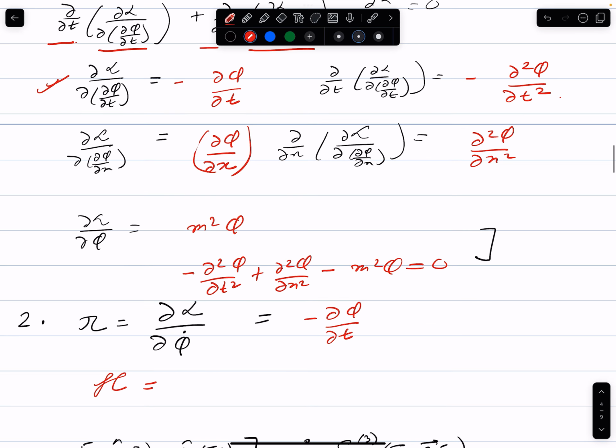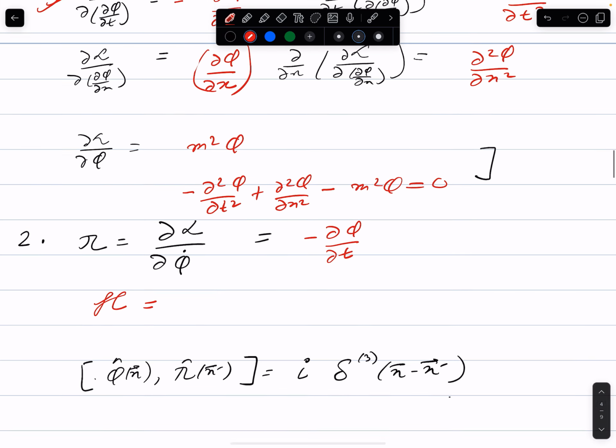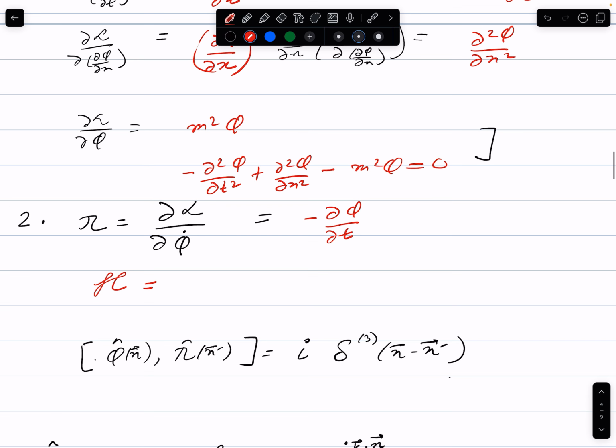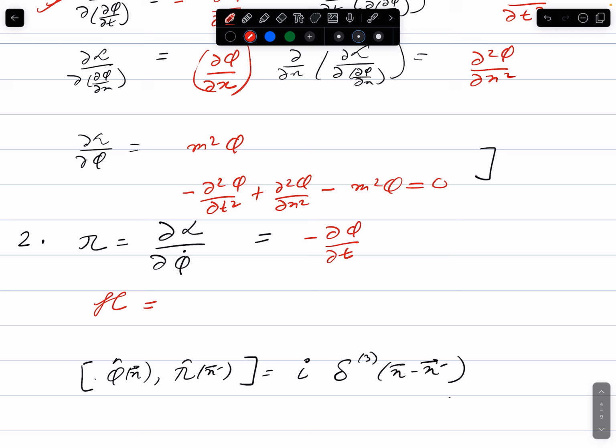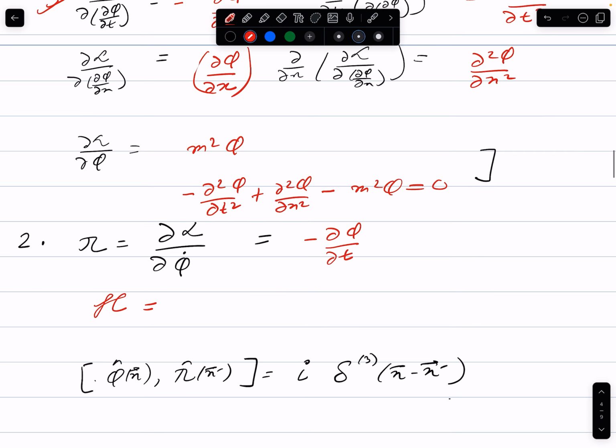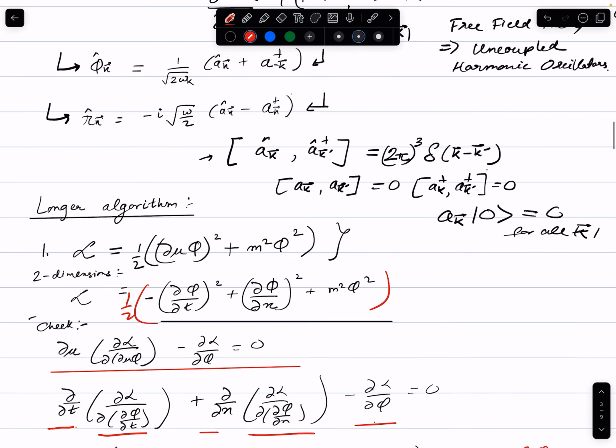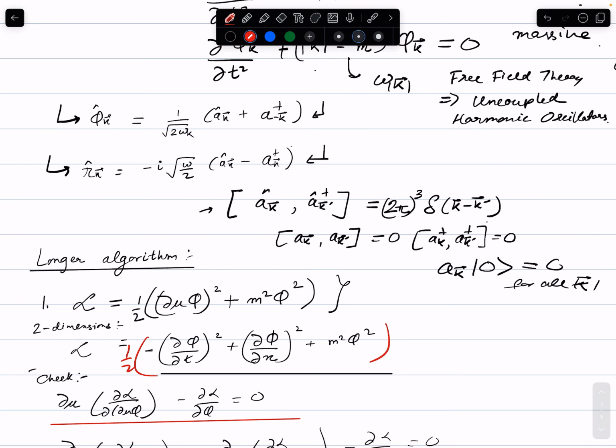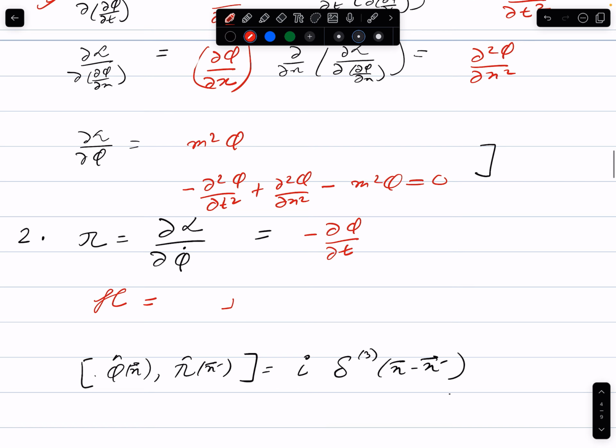Probably not, but pi is minus del phi del t, so you can replace that, and let me just write down the final result. The del phi del t squared terms become pi square, so the first term will be pi square.